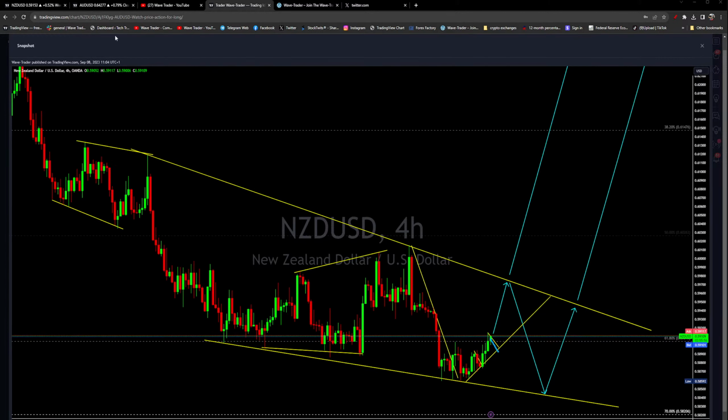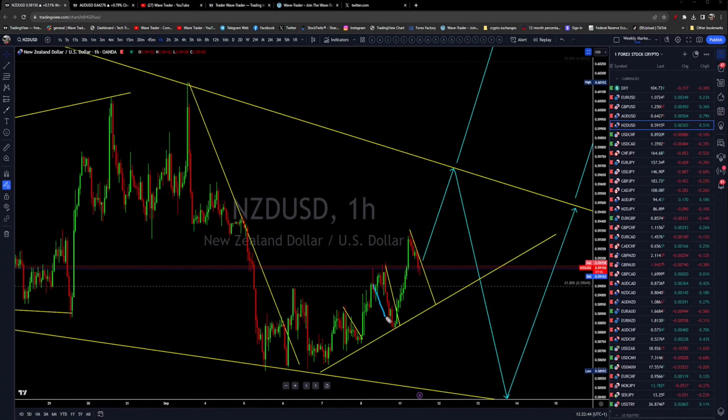We have seen that correction break out, nicely. Another one is forming, and we need that to push up for more upside. So this is also doing really good right now so far from those lows.